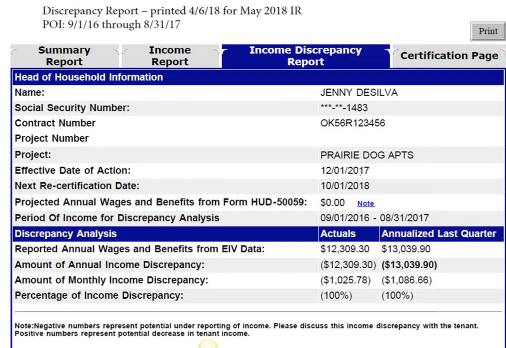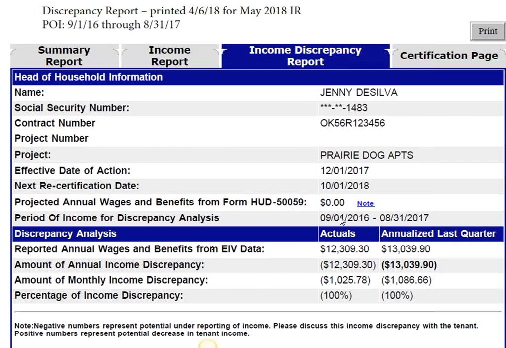You're going to rewind 15 months back from that date, and you get 9/1/16, and you're going to run it for a 12-month period to 8/31/17. That is your period of income. That is the time frame that EIV is looking at and saying, whatever Jenny De Silva earned in this time frame should have been what we put on this 12/1/17 interim, because nothing ever changes in the world of EIV.